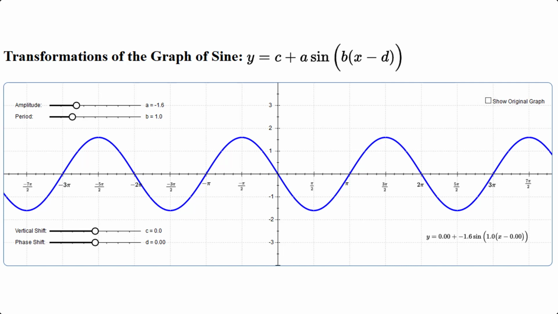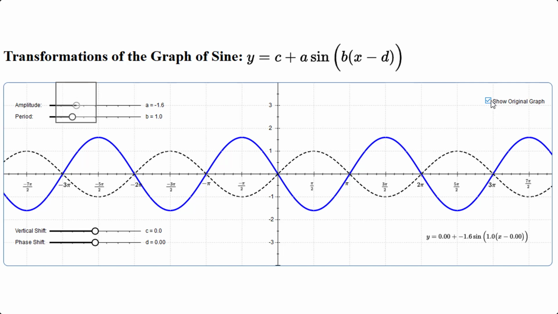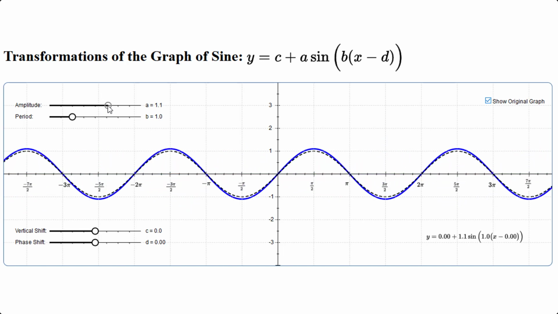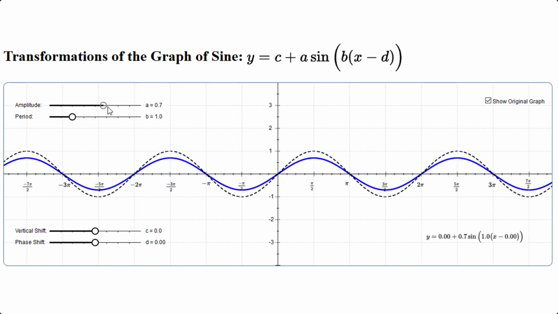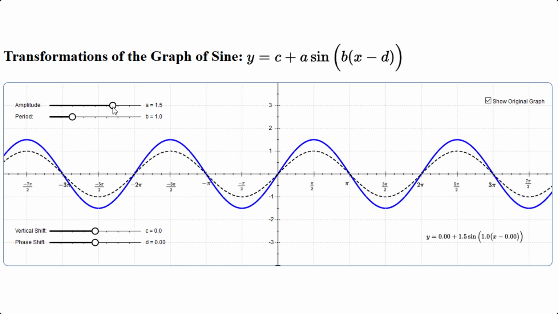So if we show the original graph here, you'll see that the graph is actually flipped upside down when we have a negative amplitude. We generally consider the amplitude as a positive value, but you can think of it as a vertical flip as well if you include it as a negative.